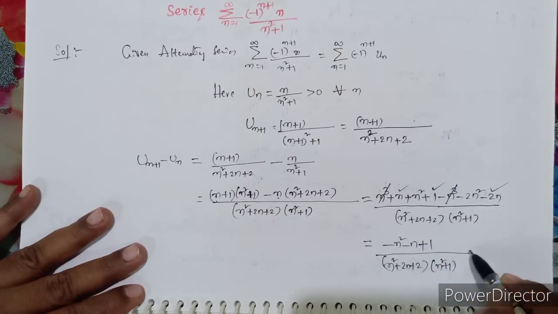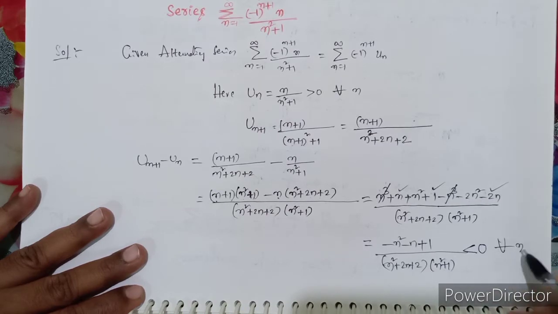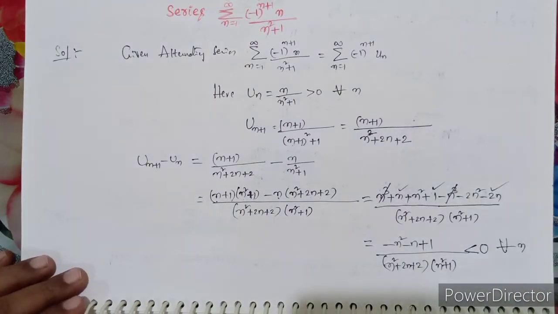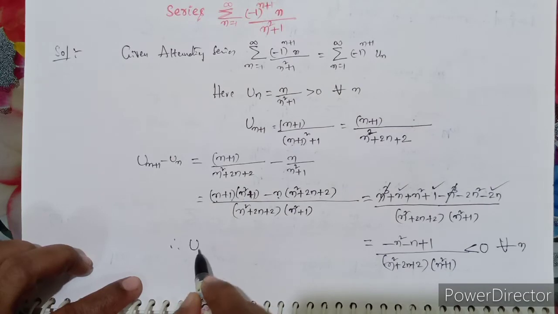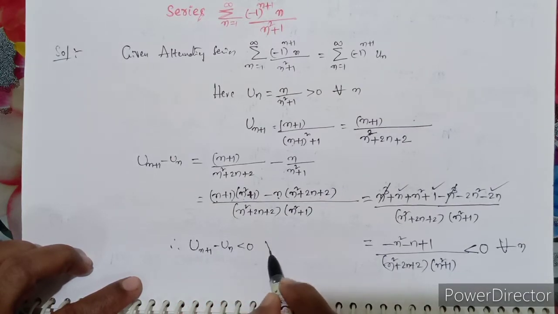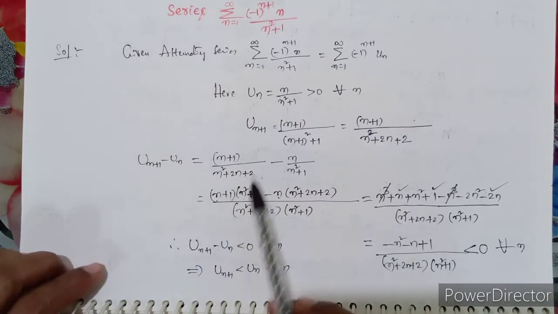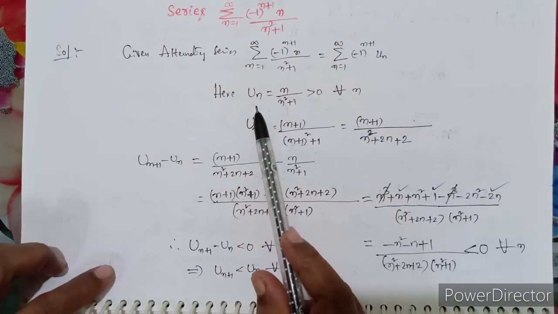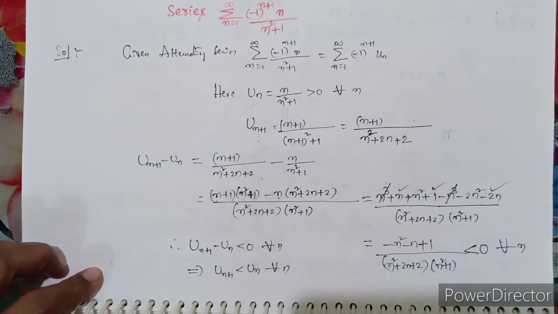So this is negative for all n. Therefore un plus 1 minus un is less than 0 for all n, which implies un plus 1 is less than un for all n. That means each term is numerically less than its preceding term. One condition of the Leibniz test is satisfied.